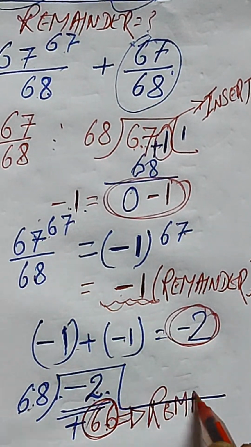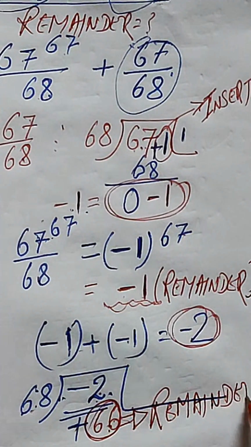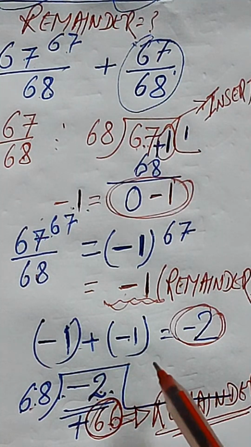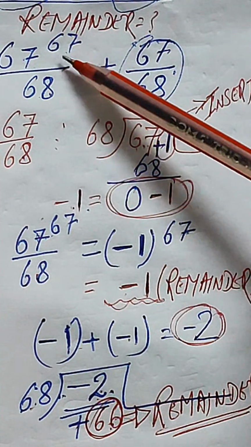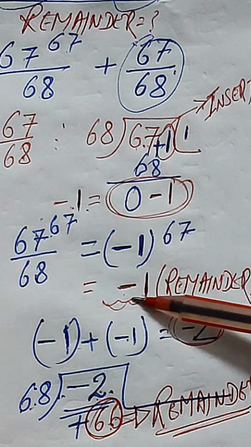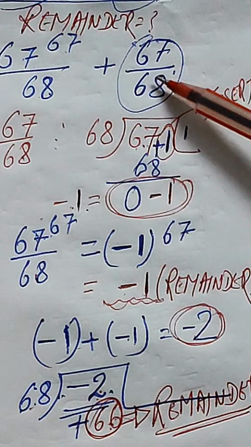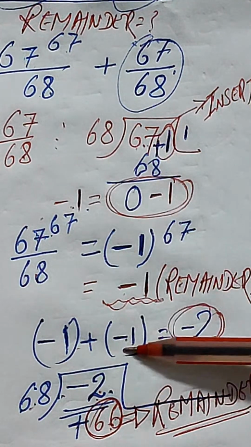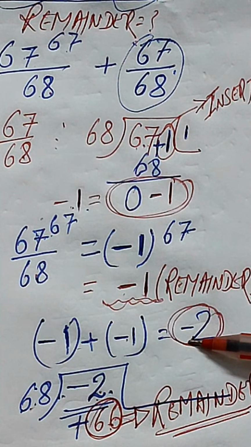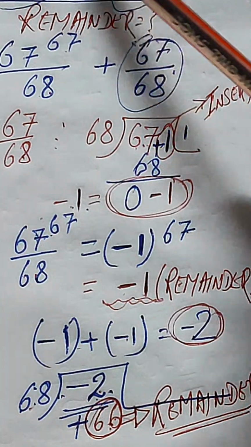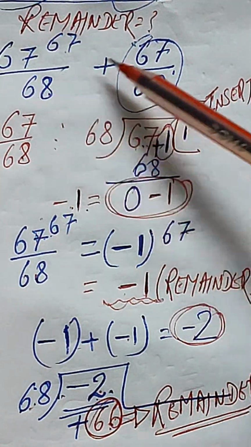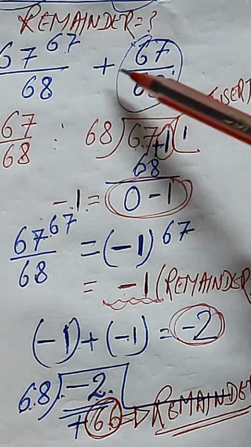I hope you understand. If not, let me know. I will explain it again. Okay. So what I said, since 67 power 67 divided by 68 will give you minus 1, right? Here you can see, and 67 by 68 will give you minus 1. So both will be added up to give you minus 2, when this entire statement, the question as given, you can see minus 2 is left.